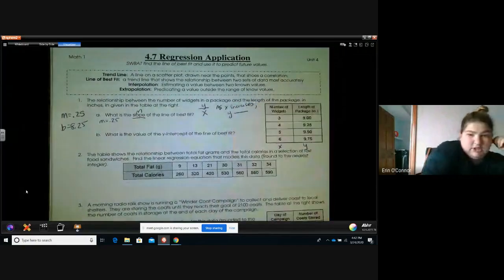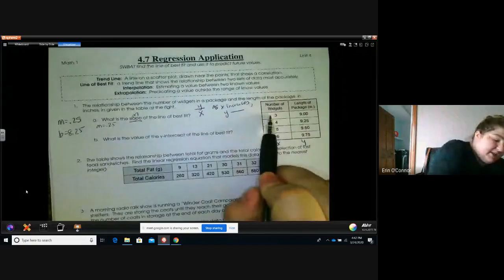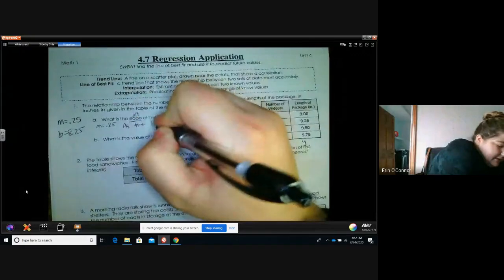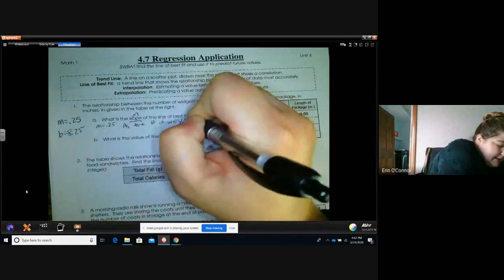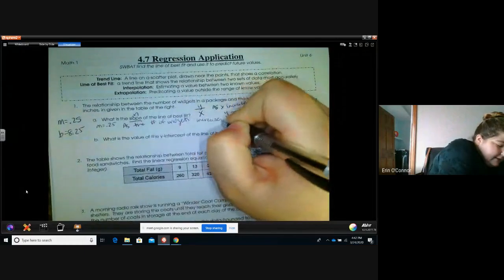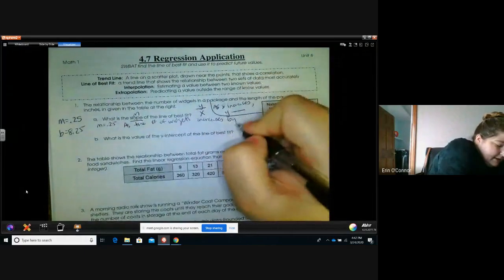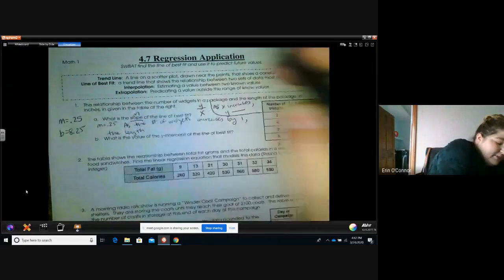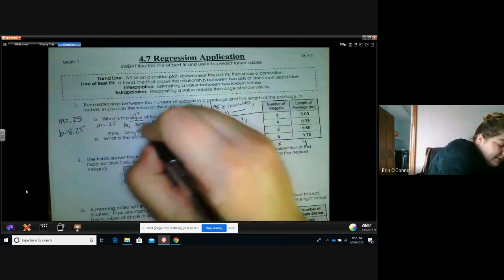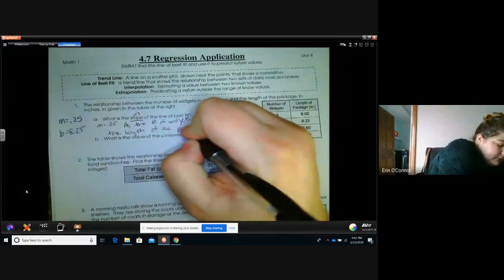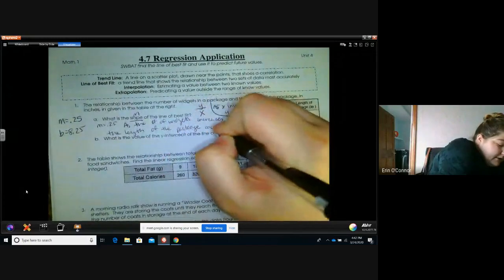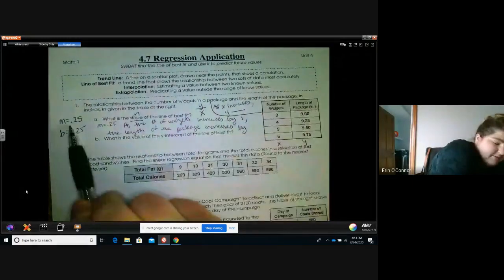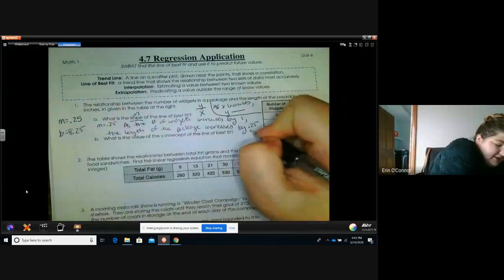So as the number of widgets increases by 1 widget, the length of the package increases, because this is a positive slope, by our slope number, 0.25 inches.